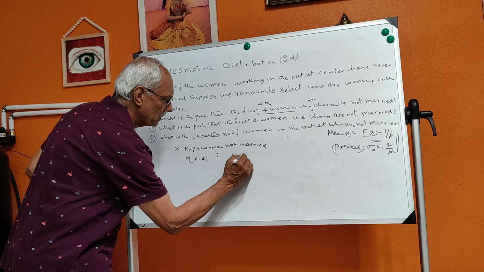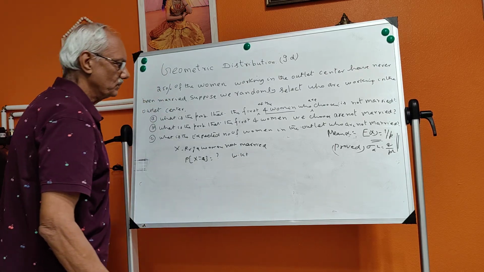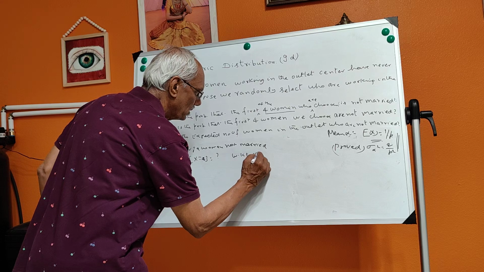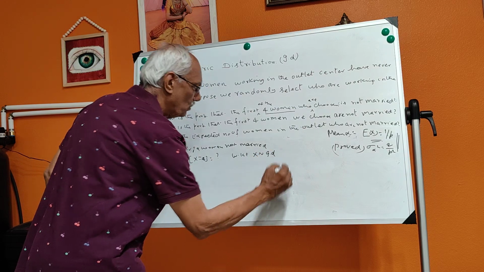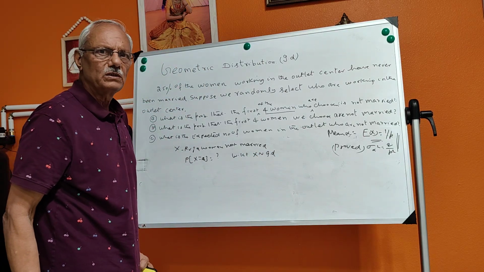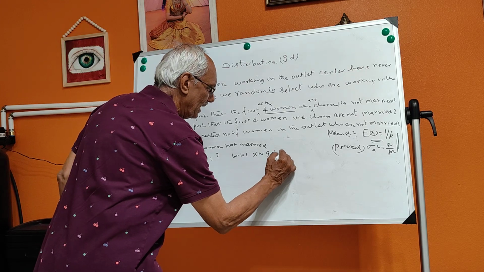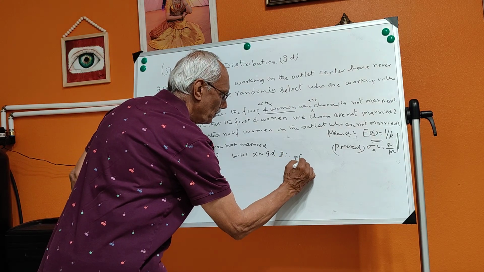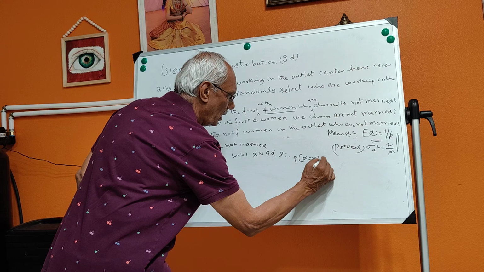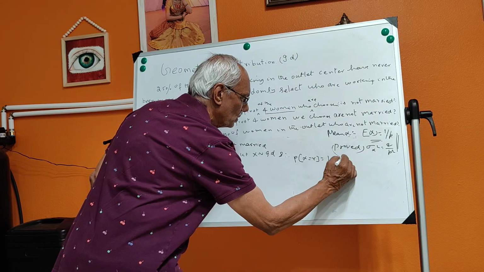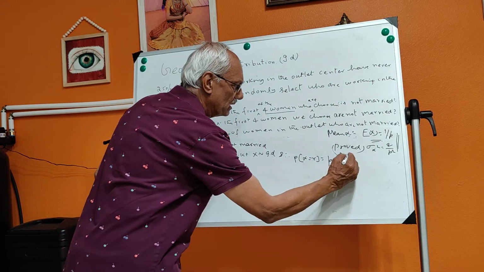We know that X follows geometric distribution, and therefore P of X equals r is equal to P into Q to the power of r minus 1.